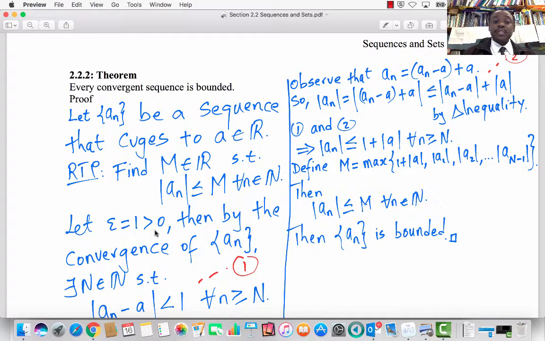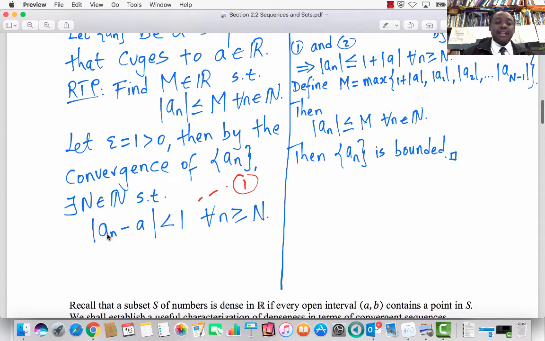Then epsilon is greater than 0. By the epsilon-N definition, following the convergence of an to A, we can find a natural number uppercase N, such that the absolute value of an minus A is less than 1 for every natural number n greater than or equal to the uppercase N.